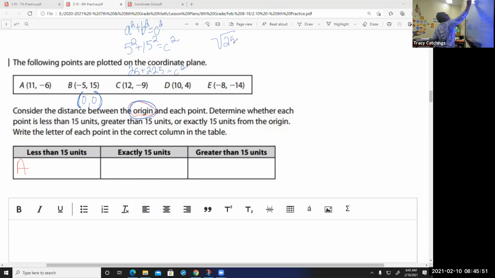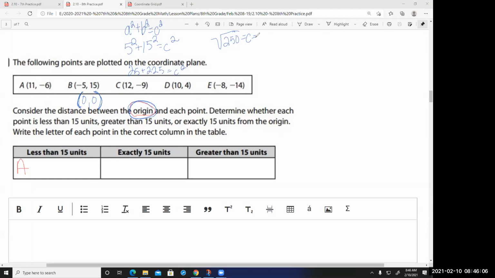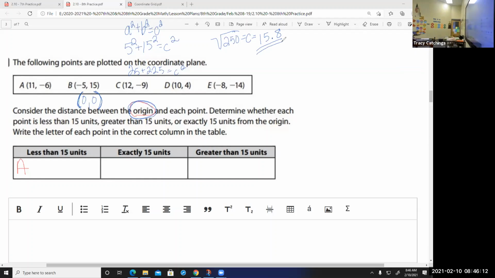All right, so then the square root of 250 is equal to C. 15.81. So what column should it go in? Greater than 15 units.